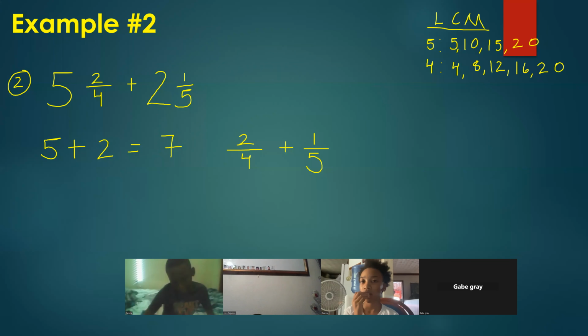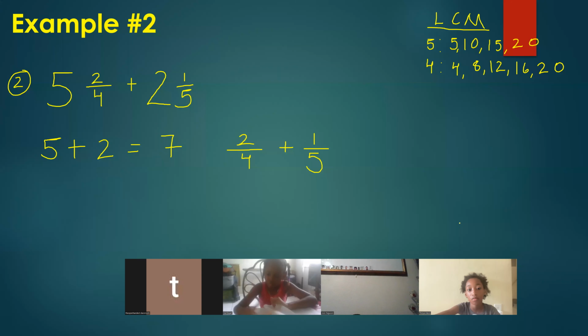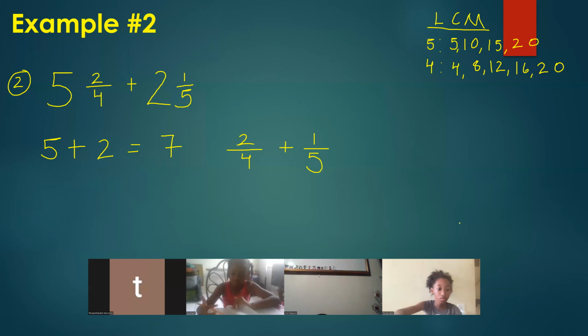Yes, Ariana? Can you see me? Yes, I can. Thank you. Okay, so what's the lowest common multiple, Candeja, of 4 and 5? 20. 20, very good. The lowest common multiple is 20.